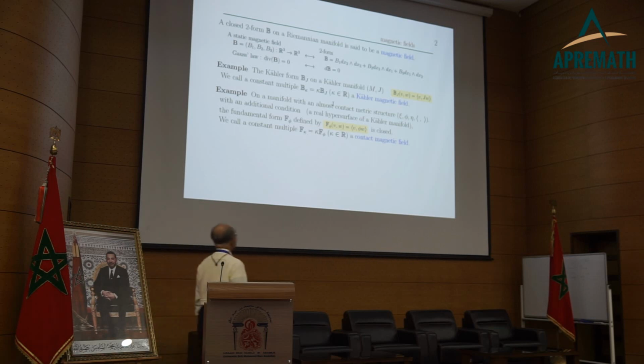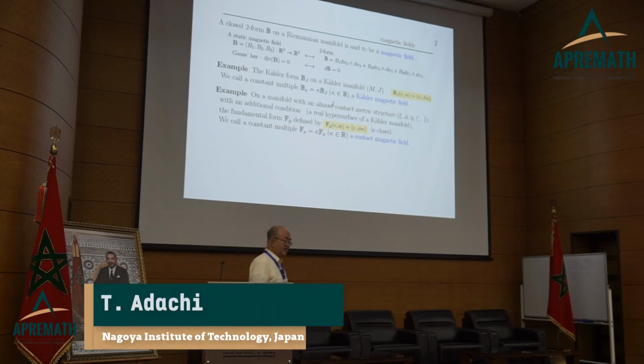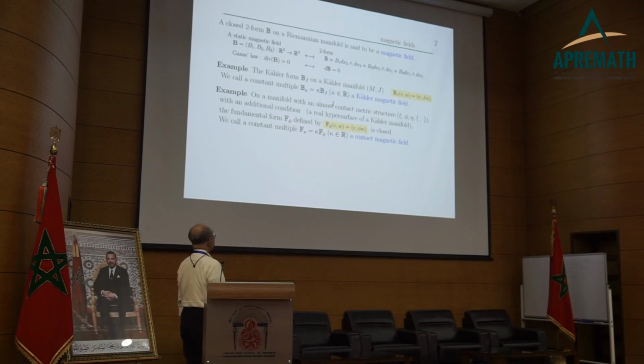Another example is an almost contact metric structure with some additional conditions, such as a Sasakian manifold, or a real hypersurface of a Kähler manifold. The fundamental form, which corresponds to the Kähler form, is closed. So the constant multiple of this form is said to be a contact magnetic field.